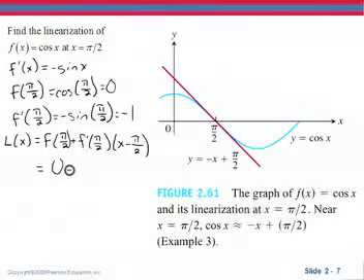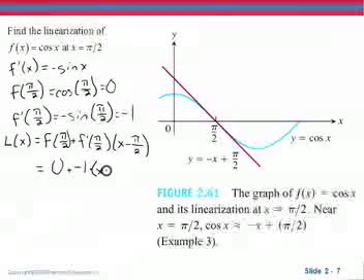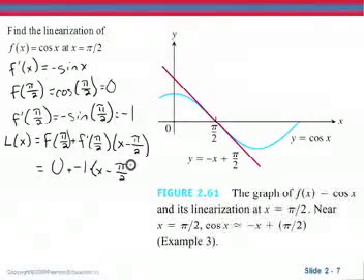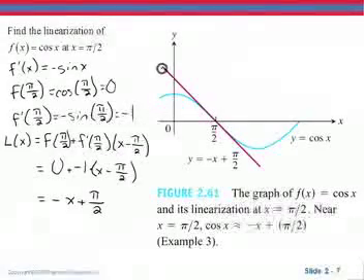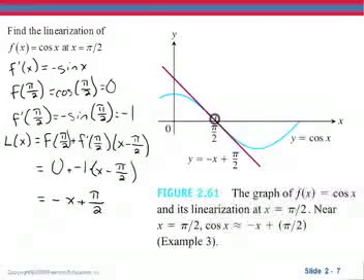F prime of pi over 2 is negative 1 times x minus pi over 2. So the 0, of course, goes away. Negative 1 times x is negative x, and negative 1 times negative pi over 2 is positive pi over 2. Now if you look at the graph, you'll see that line, y equals negative x plus pi over 2. And if you look at points right around pi over 2, you'll see that this tangent line and this graph are very close.